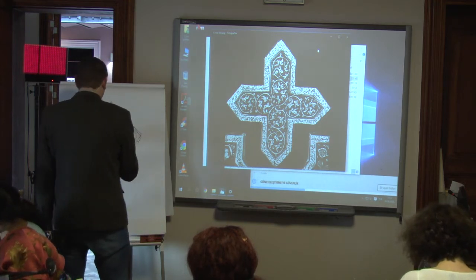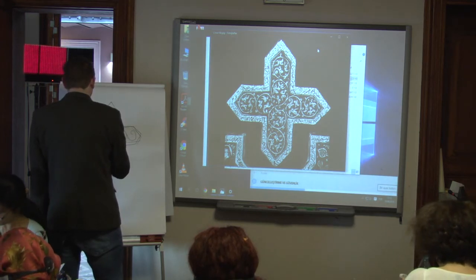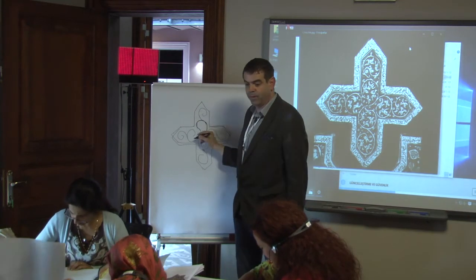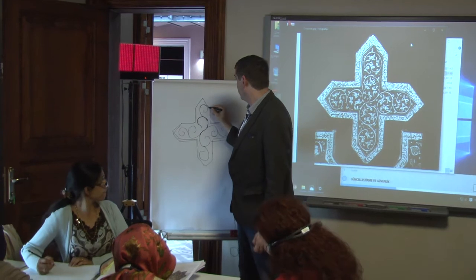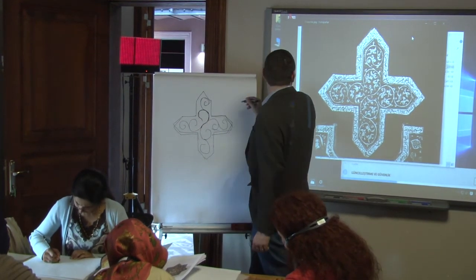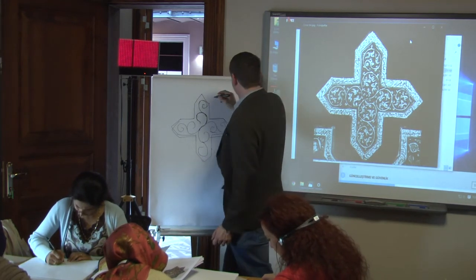And what I do is just with a light pencil, just trace around it lightly. That's what we're going to do. Yeah. So once we've traced the outline, we're just going to work on the details of the leaves.